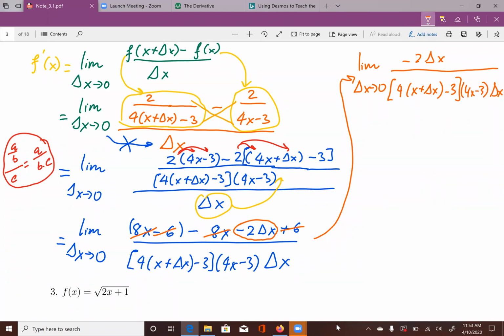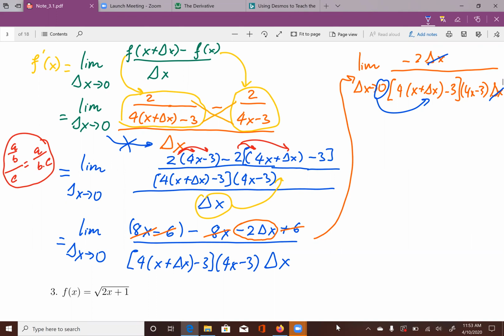Okay, and at this point I can cancel my delta x. Great. All right, and then I ask myself, can I plug 0 into delta x? And the answer is yes, because it's not going to make the denominator equal to 0.